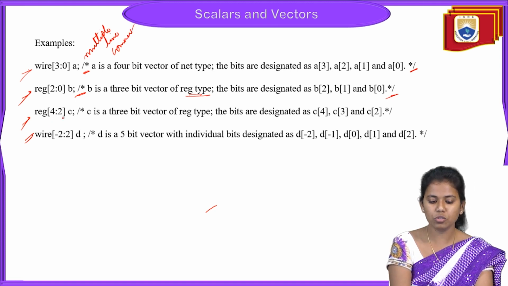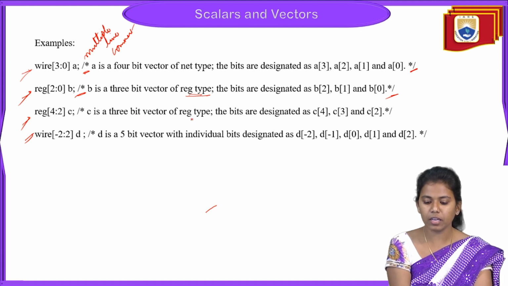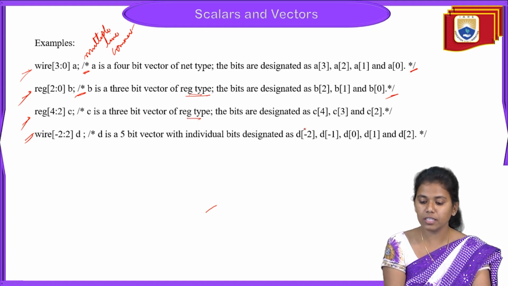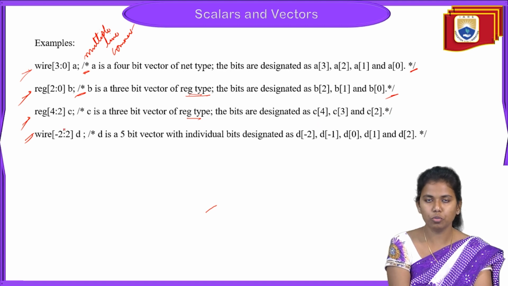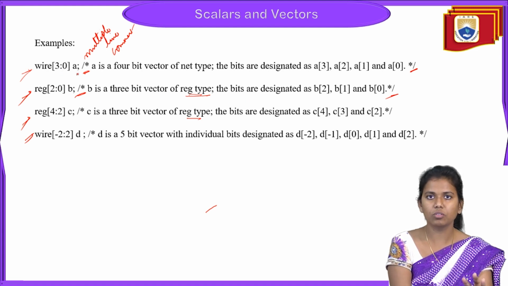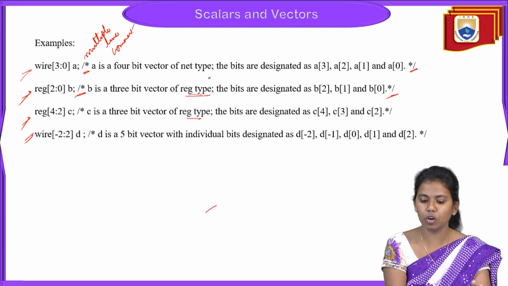Coming to [4:2] C. C is a 3-bit vector of register type, and the bits are designated as 4, 3, 2. [4:2] is 3-bit, 4, 3, 2. [2:0] is 2, 1, 0, a 3-bit. [3:0] is 3, 2, 1 and 0, a 4-bit.